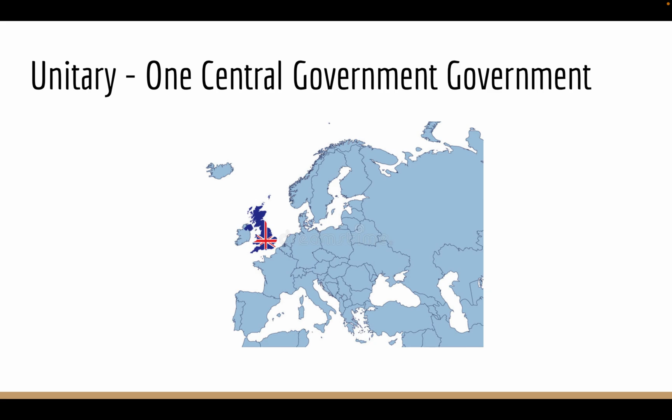A unitary form of government is where they have one central government. Great Britain here, the country with the British flag, is a unitary form. Once again, when you compare it to the sizes we talked about, it's much smaller than a lot of the states that we have in the United States. There's really no need to have different levels of government. You don't need a federal system like ours.